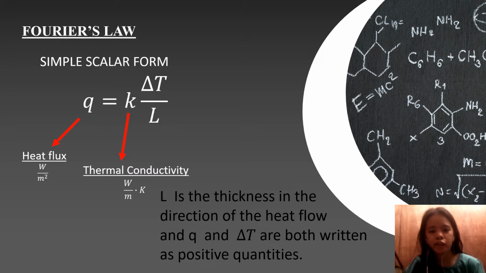For Fourier's law in a simple scalar form, q is equal to k times delta T over L, where L is the thickness in the direction of the heat flow, and q and delta T are both written as positive quantities. We must remember that q always flows from high to low temperature, and this equation is for one-dimensional steady state conduction.